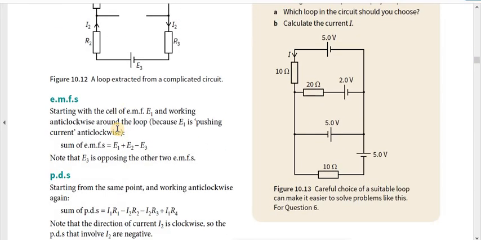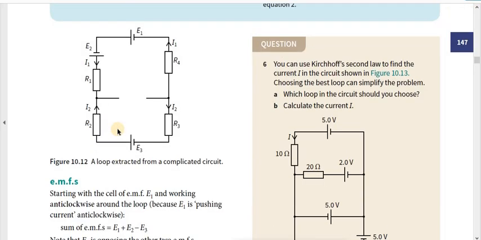Okay, first we will go through this one. So there is a loop here. Now we can consider this big loop. If we go around this big loop, the total EMF will be E1 plus E2 plus E3. Now see, here we have the opposite terminals facing each other, so we can add these two.